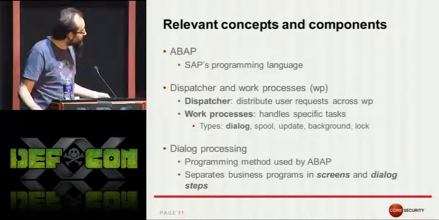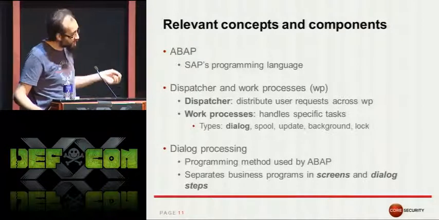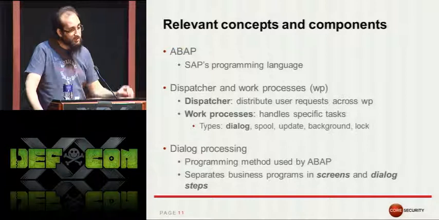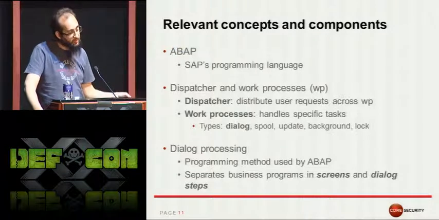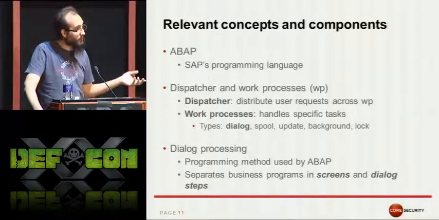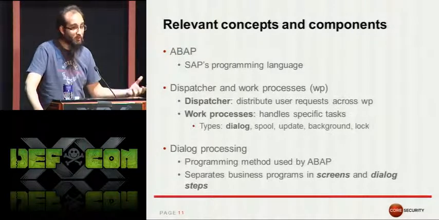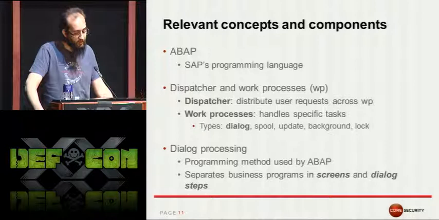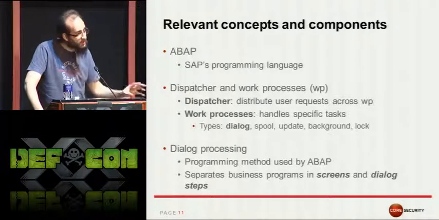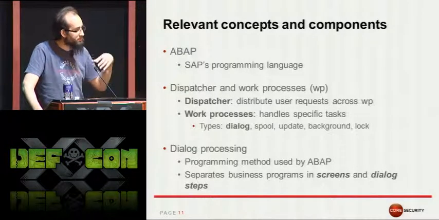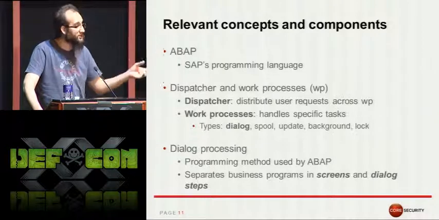Another interesting concept is the dispatcher and the work processes. The dispatcher is the service that listens to the network for requests coming from the GUI client, and distributes all those requests to a pool of different work processes.